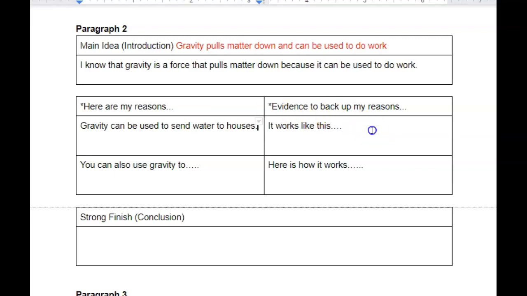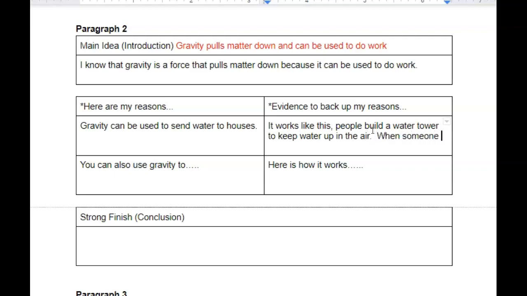All right, well, Mr. R, what the heck are you talking about there? Well, what does that mean? What's evidence to back that up? Well, it works like this, comma. People build a water tower to keep water up in the air.